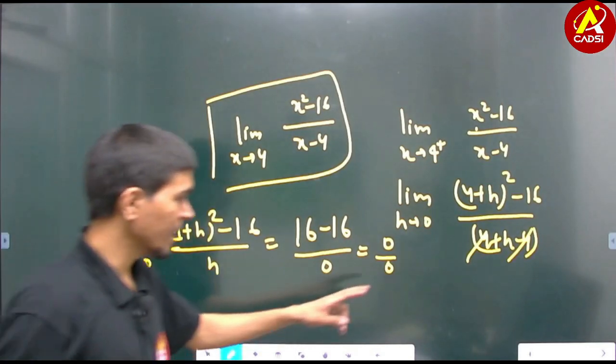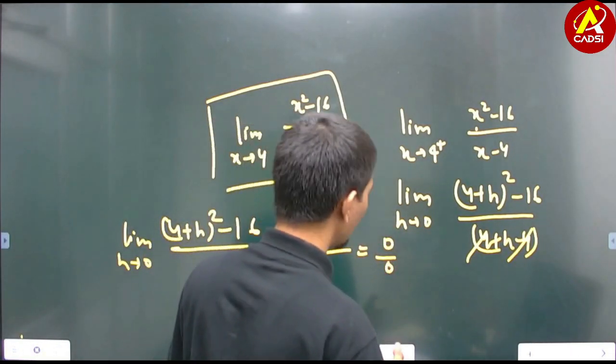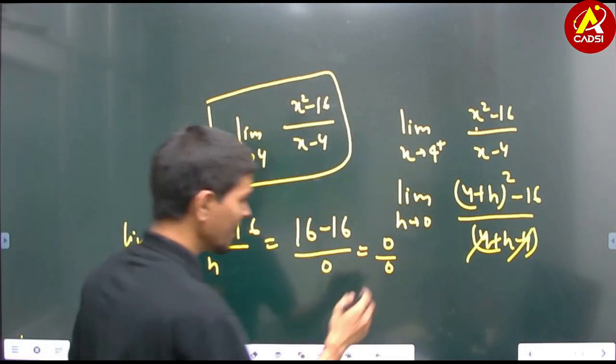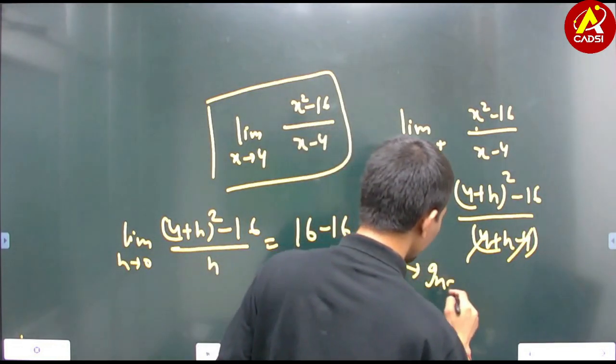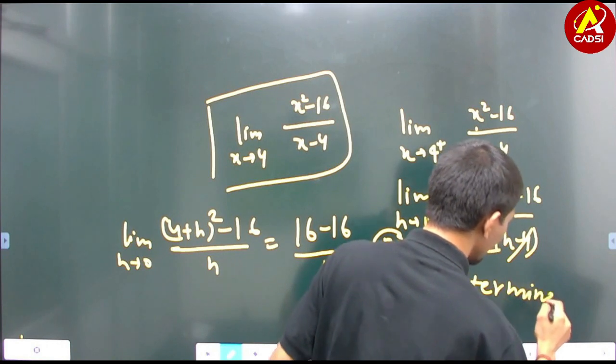So here we see another form of the limit of a function at a particular point. This form is known as the indeterminate form.